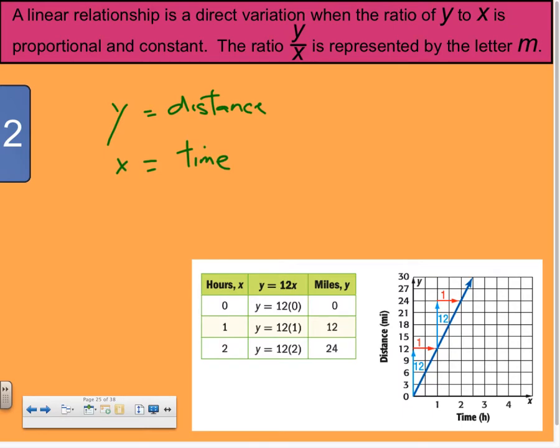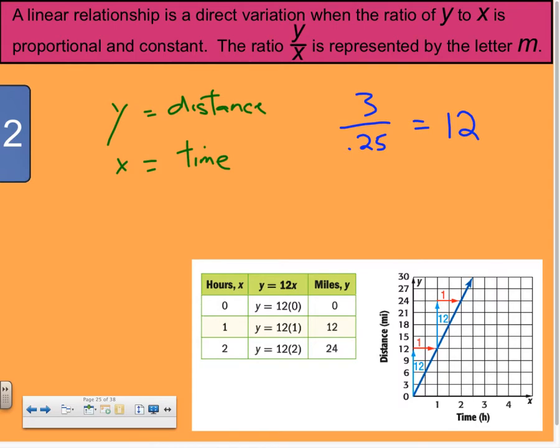So what have I told you so far with direct variation? You can simply do y divided by x, and you can get your slope or your unit rate. So I can take 3, divide it by 0.25, and I get 12.